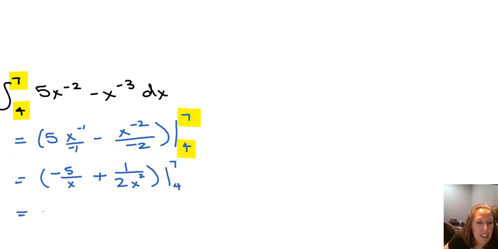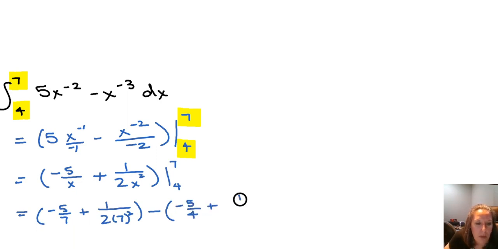All right, so if we plug in 7, we get negative 5 over 7 plus 1 over 2 times 7 squared, minus, plug in 4, we get negative 5 over 4 plus 1 over 2 times 4 squared.